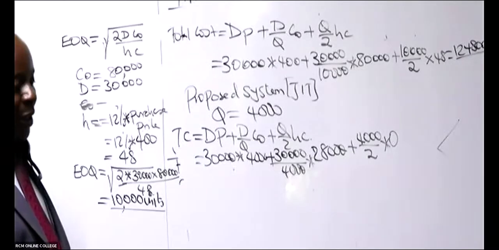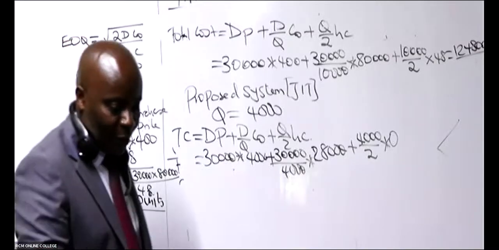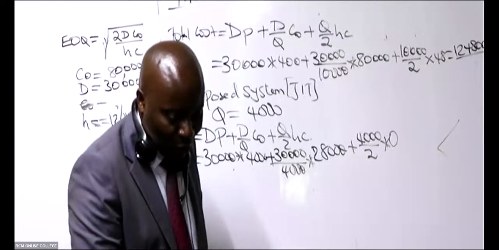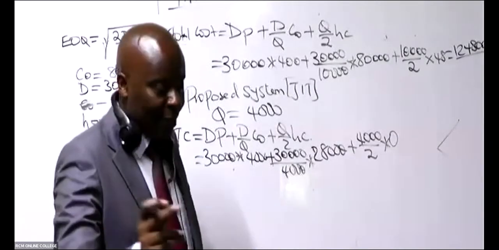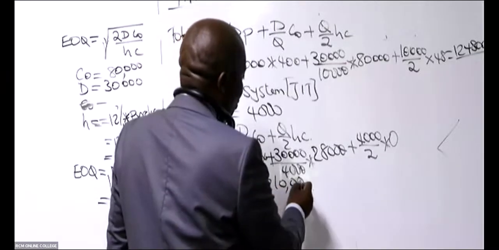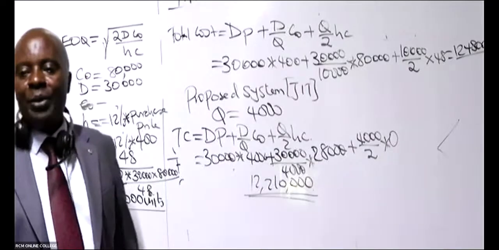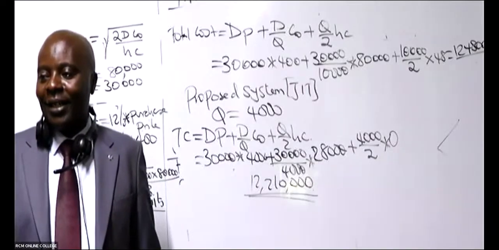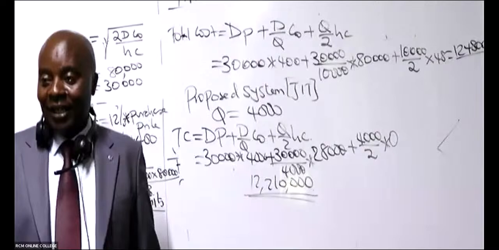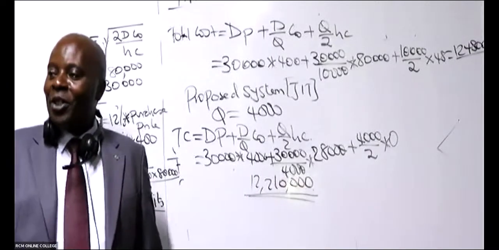So how much are we able to get, ladies and gentlemen? Now it is 12. Well, my online students are not talking to me at all today. So you're getting 12,210,000. Now between the two expenses, which model will you recommend on the objective of cost minimization? Do we recommend the proposed or do we stay with the current? The proposed is cheaper.